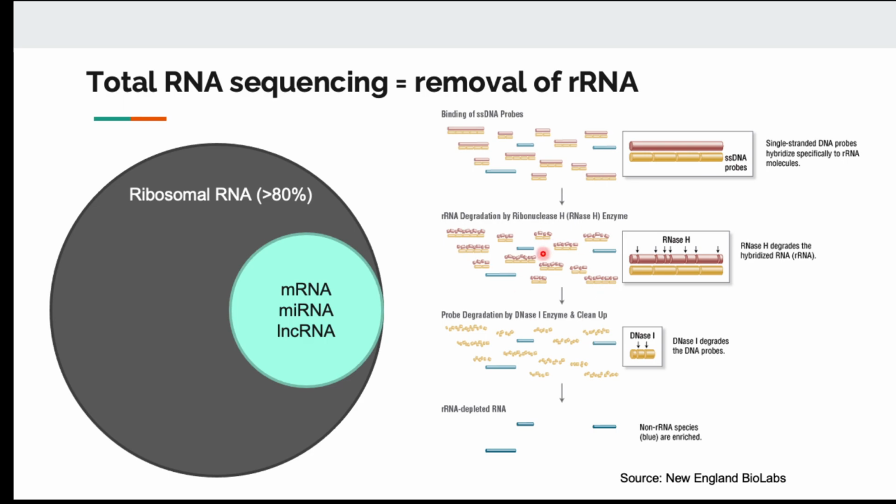So the only RNA in your sample that's going to be double-stranded will be ribosomal RNA, because you put in probes for it. They hybridize to ribosomal RNA and the enzyme digests them. In the end, hopefully, you end up with everything but ribosomal RNA.